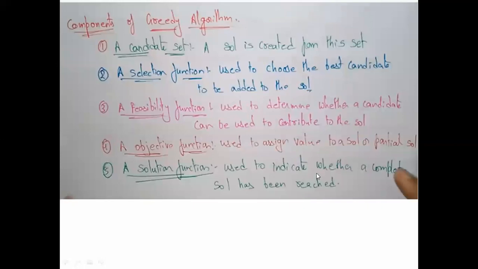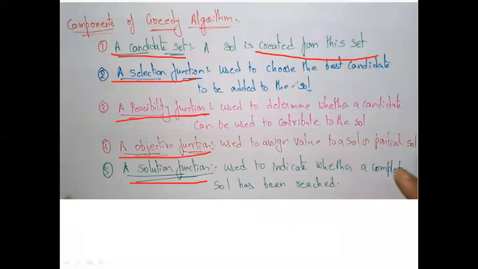So what are the components of greedy algorithm? The first one is candidate set, selection, feasibility function, objective function, and solution function. Candidate set means the set from which we create the possibilities to solve the problem.